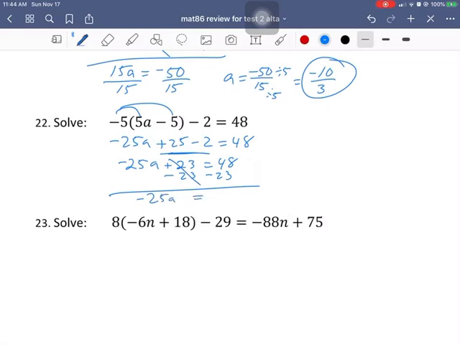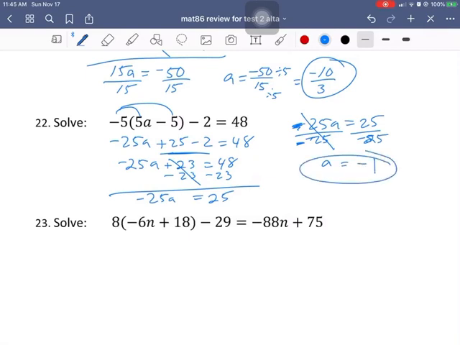Negative 25a equals 48 minus 23, which is 25. Negative 25a divided by negative 25, 25 is a. That's a negative there, right? Because we want to make a 1a. And that's a negative 1.